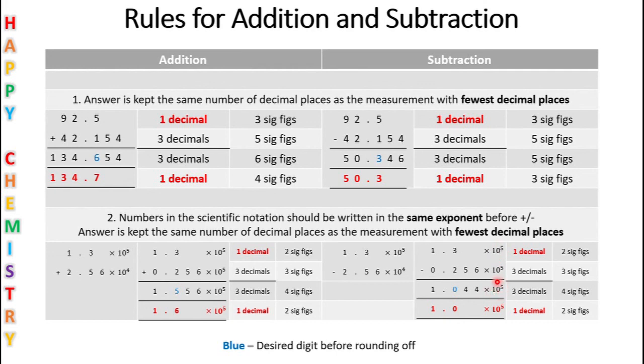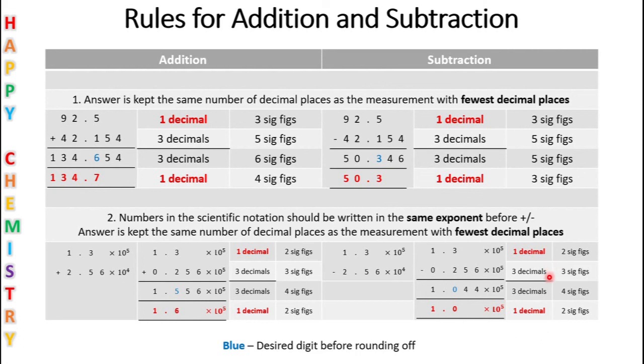The answer is 1.044 into 10 to the power 5. 1.3 into 10 to the power 5 has one decimal place. 0.256 into 10 to the power 5 has 3 decimal places.